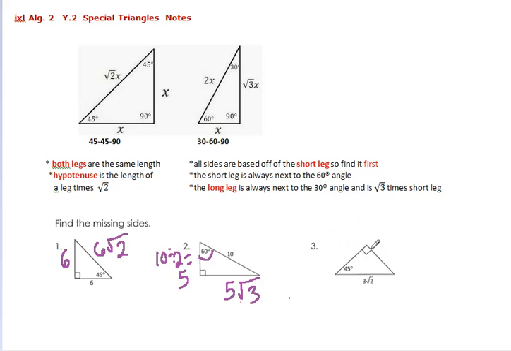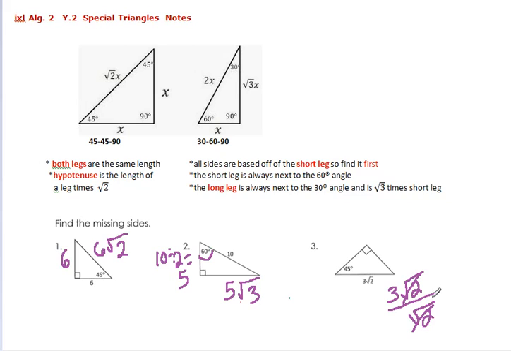Now the next one, we are on to a 45 degree angle. We have the hypotenuse here, so we don't know the sides. The hypotenuse is whatever the legs are times the square root of 2. So we will take this hypotenuse, which is 3 times the square root of 2, and we'll divide it by the square root of 2.